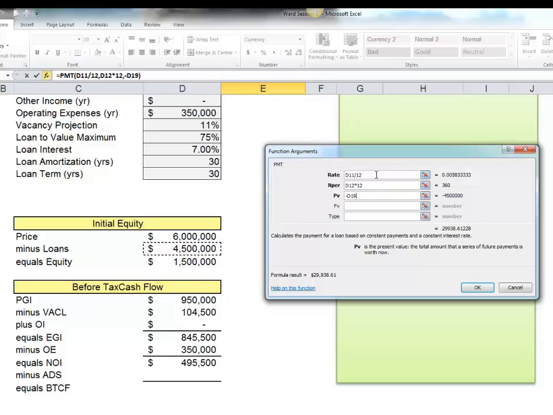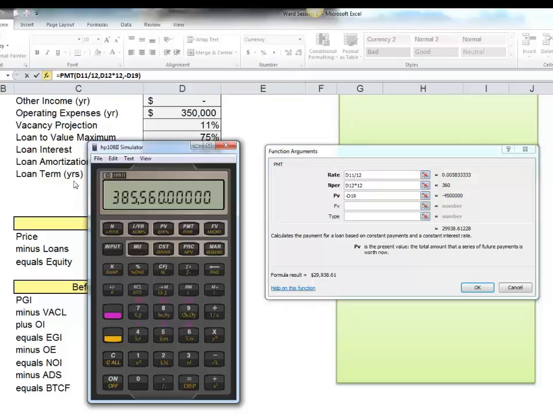And we know that from using a handheld calculator. However, on a handheld calculator, you can set it to 1 period per year, or you can set it to 12 periods per year. And when you set it to 12 periods per year, it maintains that consistency in a more automated fashion. Excel doesn't do that.